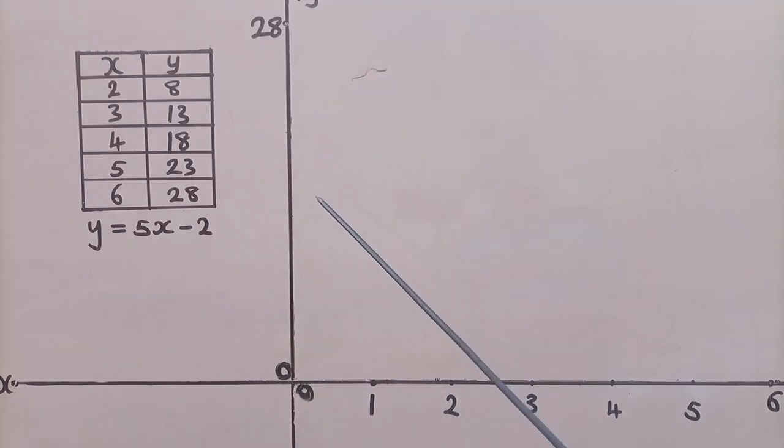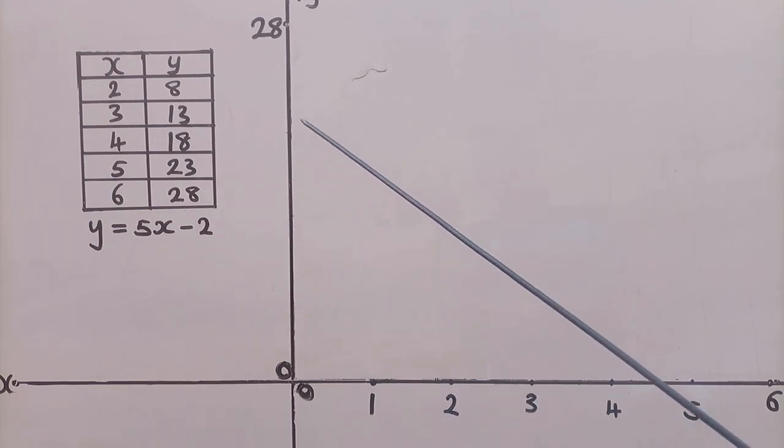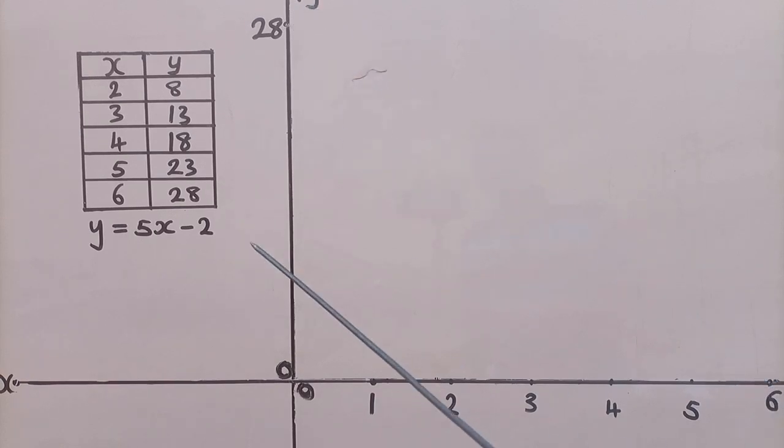Everything making 28. I can decide to divide it into 14 intervals so that each interval will correspond to 2 units. That will give us 2, 4, 6, 8, 10. In that manner, up to 28.